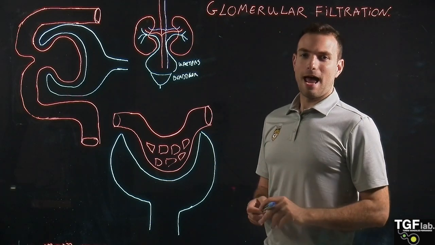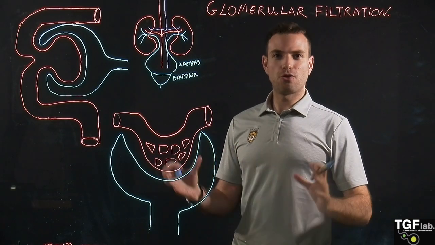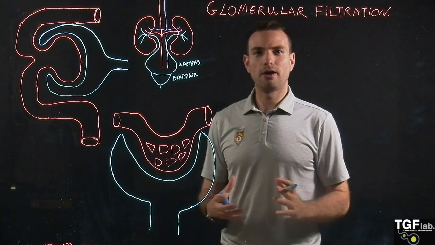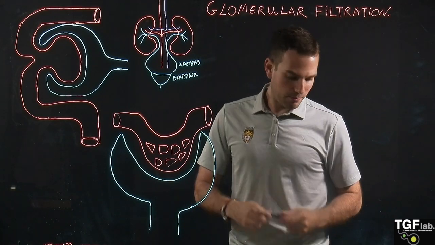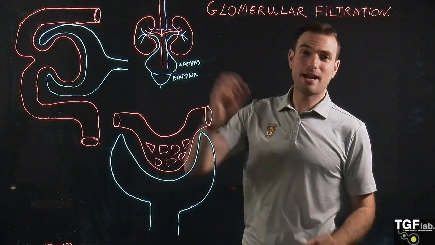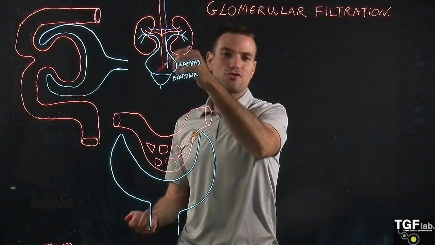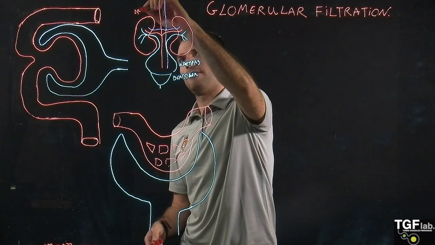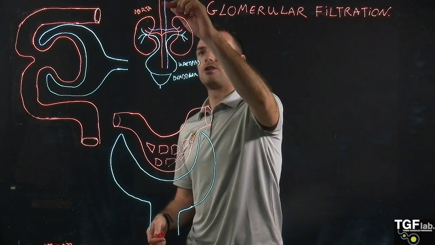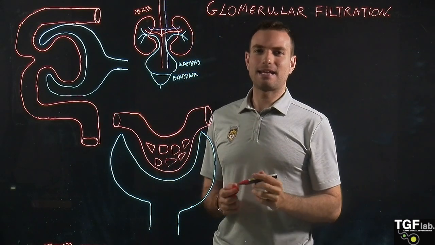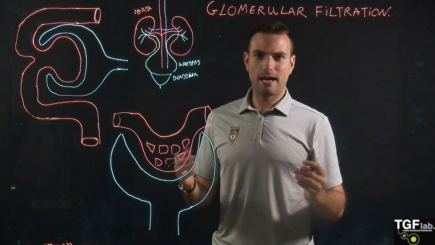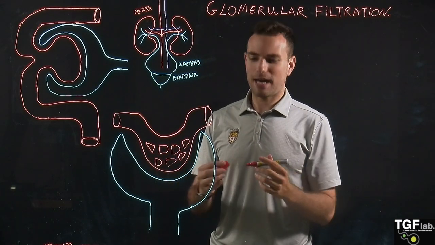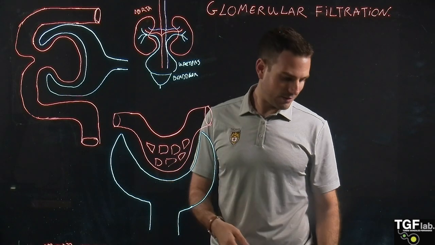Also, because the kidneys have to form the urine and filter all the blood in our body, it's really important, and they are highly vascularized. So here we have arteries and we also have veins. The main artery is the aorta. The aorta is going to be divided into the renal or kidney arteries, which are going to bring blood into the kidneys to be filtered.